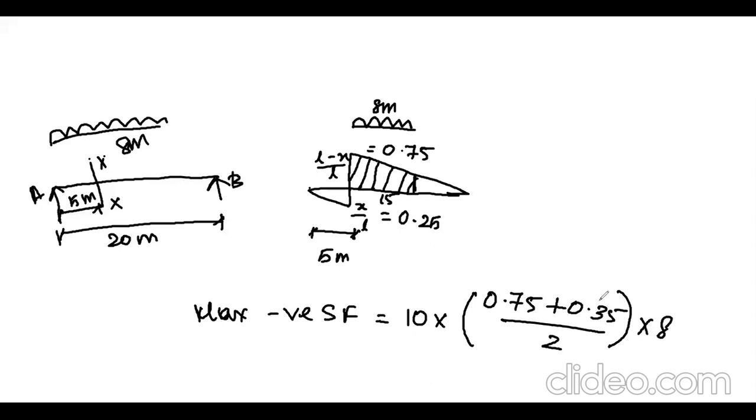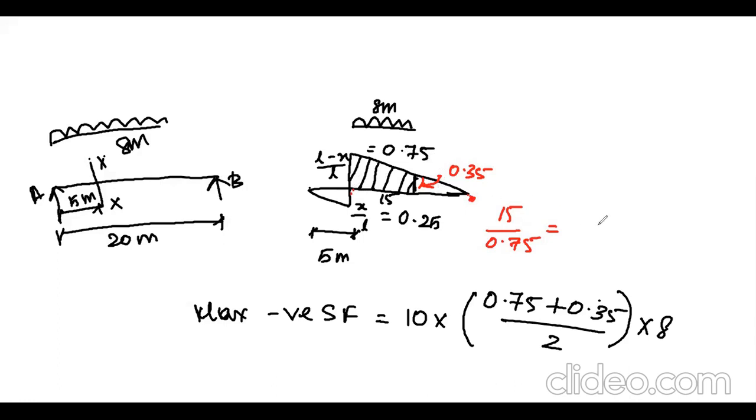You will be asking how I obtained this 0.35. Sorry, I didn't discuss this. This 0.35 is this value. According to the triangular similarity property, for the distance of 15 meter the value is 0.75.